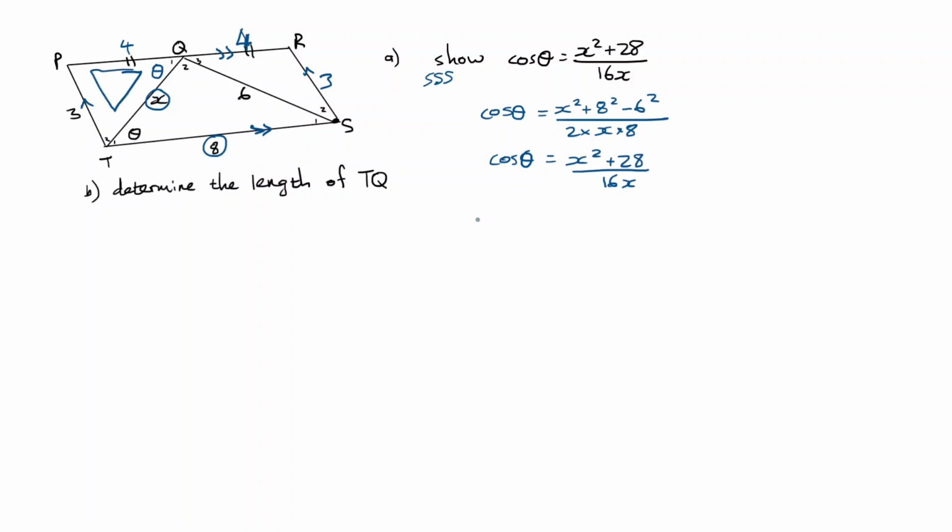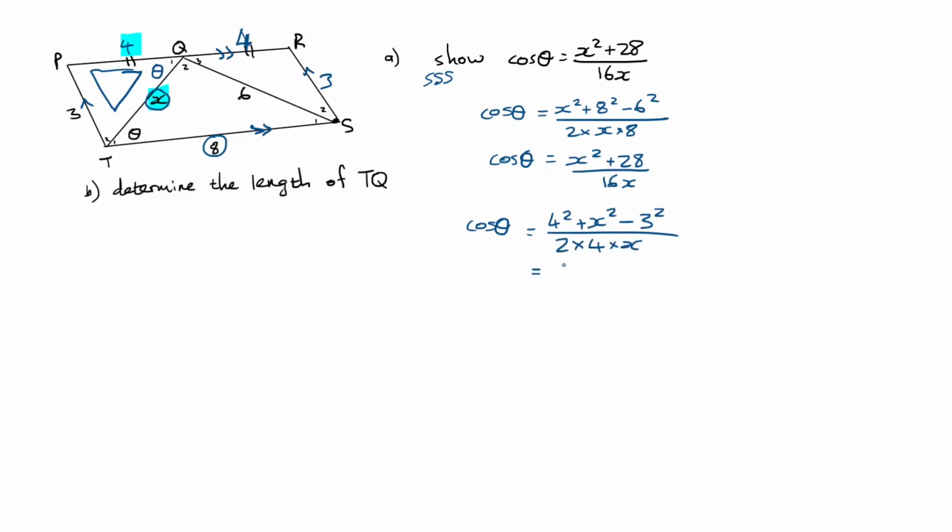And so cos theta, and now I'm going to focus on the next door neighbors of this theta, would be the one side squared plus the other next door neighbor squared minus the opposite side squared over 2 times the next door neighbors.